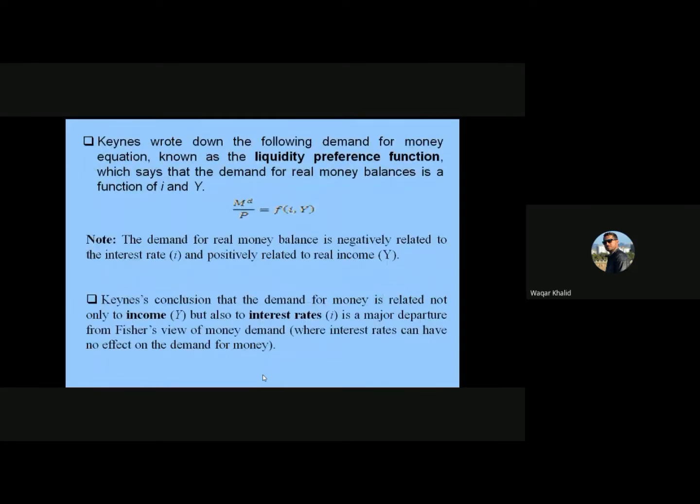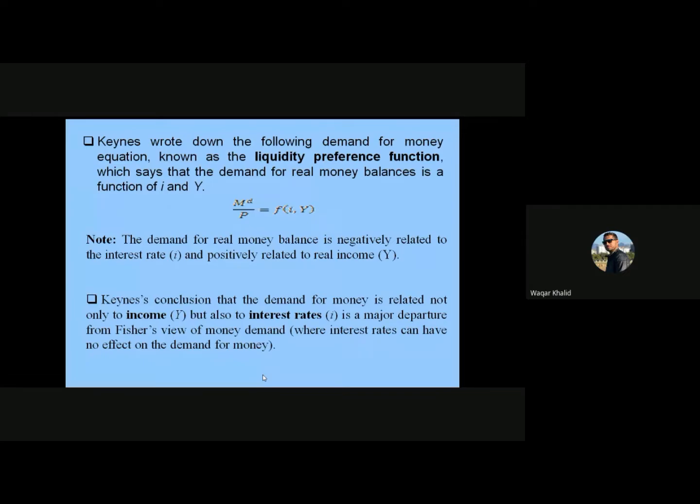Keynes wrote down the following demand for money equation, known as the liquidity preference function: MD divided by P, the real money balance, is a function of i and Y. The demand for real money balance is negatively related to the interest rate and positively related to real income.